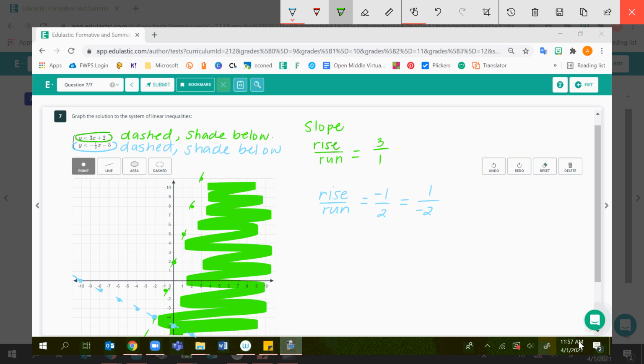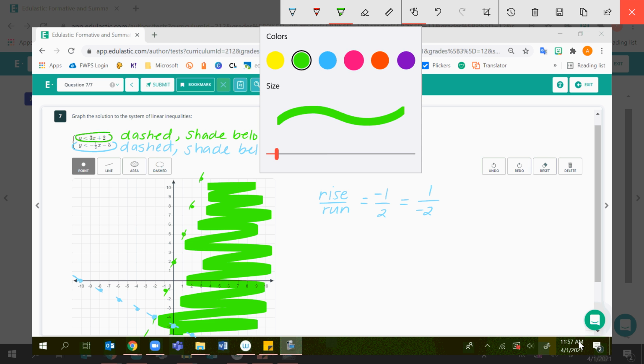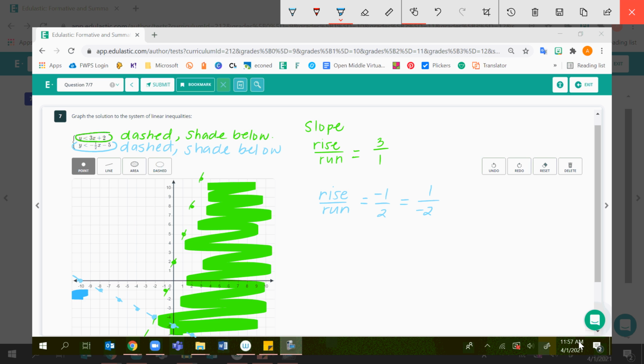Again, we are shading below, so let me get that highlighter and shade below my blue line. So if I were to be asking for what is a solution, you should be able to tell me that the solution is in this double shaded overlapping area of both of my graphs. And if you picked a point that is in that overlapping piece, that would be one of your solutions to this system of inequalities.